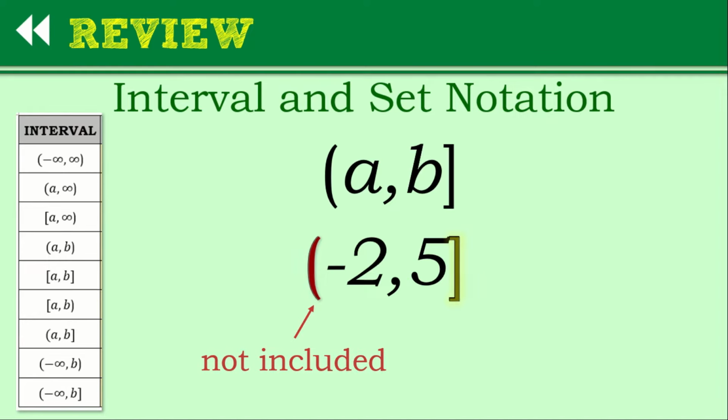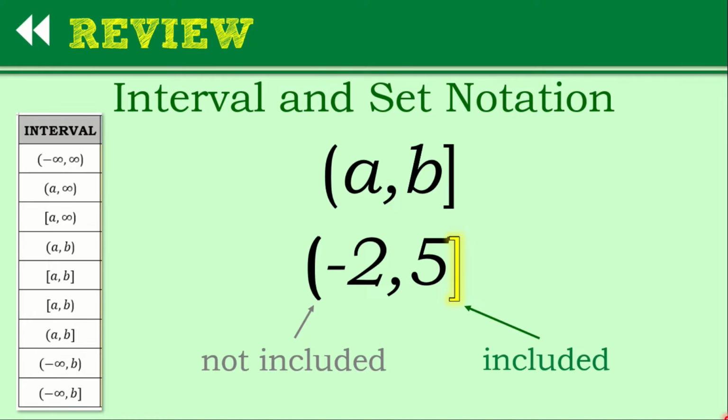When you see the other one, which is a square bracket like this, it means that the second number, here it's 5, is included or part of our solution. Remember that. So for this, it means that our solution is from -2 to +5. So it's between -2 and 5, excluding -2, but includes +5.